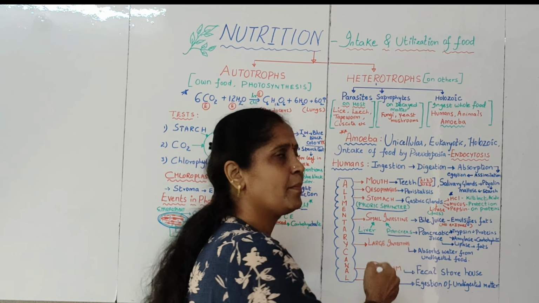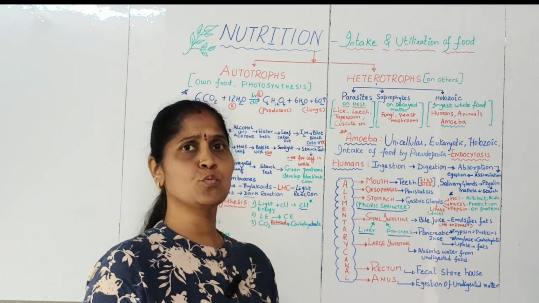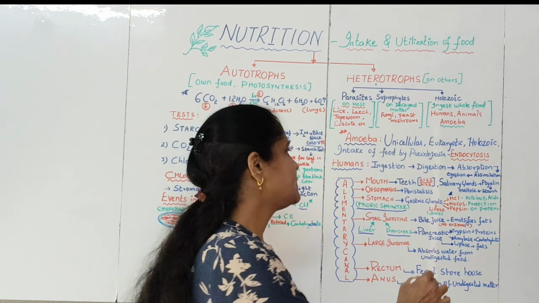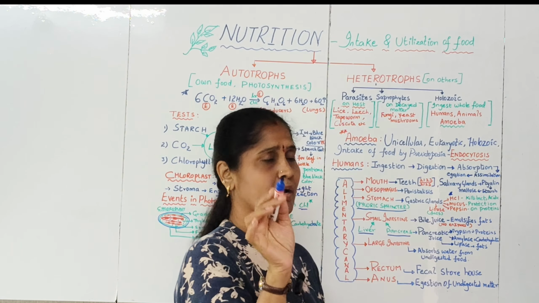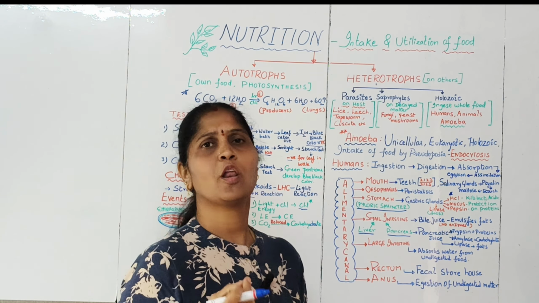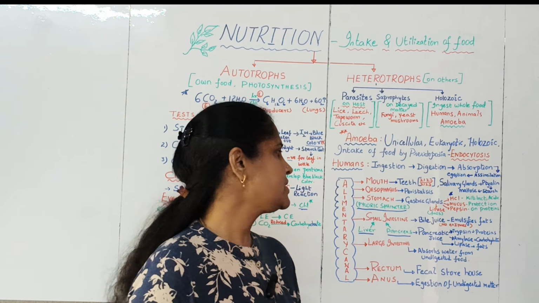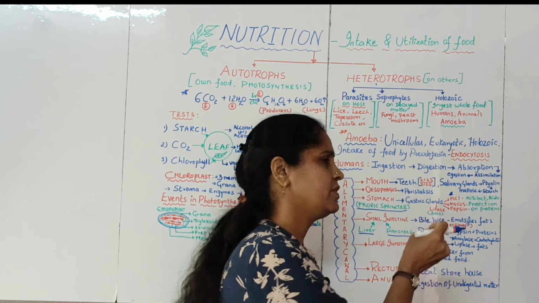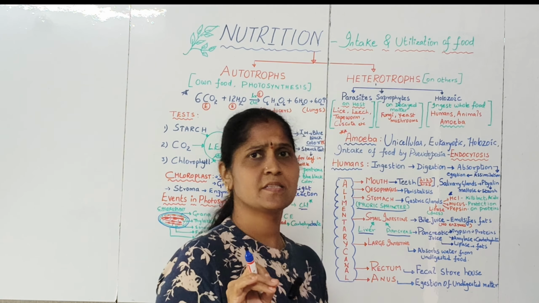And you have to remember pancreas, it produces pancreatic juice, which consists of 3 enzymes, namely trypsin, amylase, and lipase. Trypsin acts on proteins, amylase acts on carbohydrates, and lipase will act on fats, converting them into the respective smaller molecules, that is proteins to amino acids, carbohydrates finally to glucose, and fats into fatty acids and glycerol.